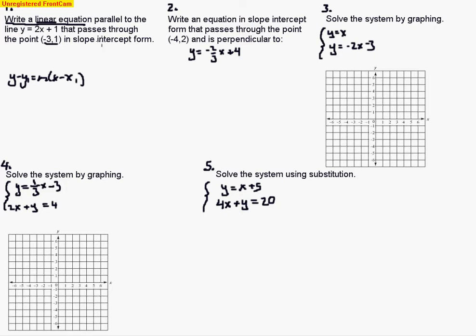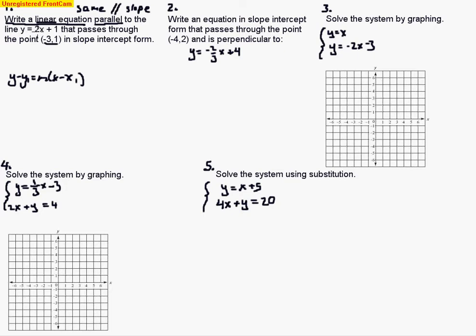So they give us some information. They say that this linear equation needs to be parallel. When you think of parallel, you think of lines going in the same direction, just like that. That's the symbol for parallel. So that means we're going to use the same exact slope. So let's take a look at the line that we have.